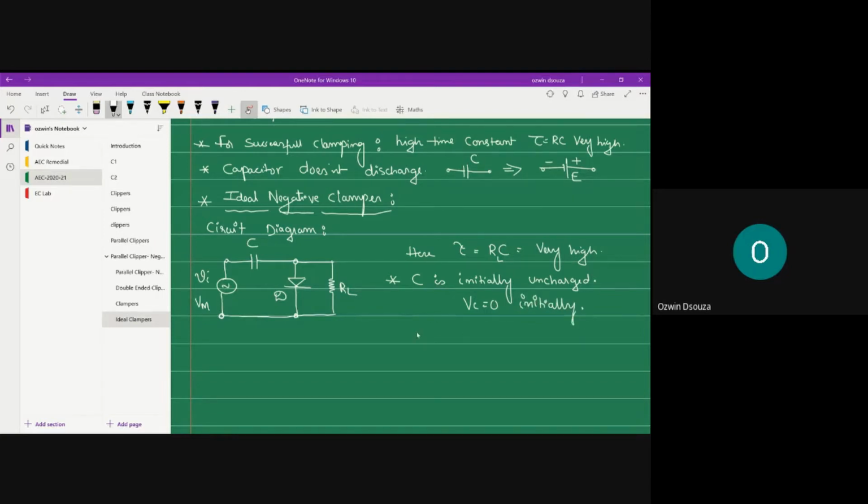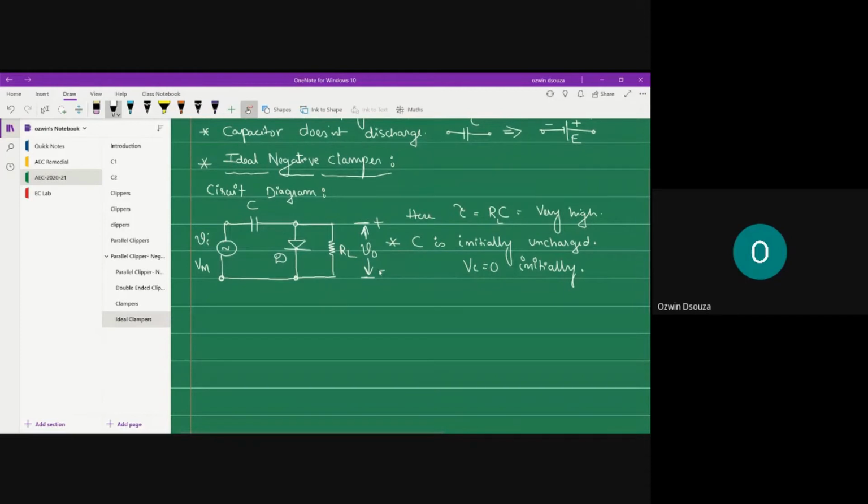So it's a fresh capacitor. All right. So this is where you are interested in finding out your output voltage. Fine. So the circuit is ready. The assumptions are in place.